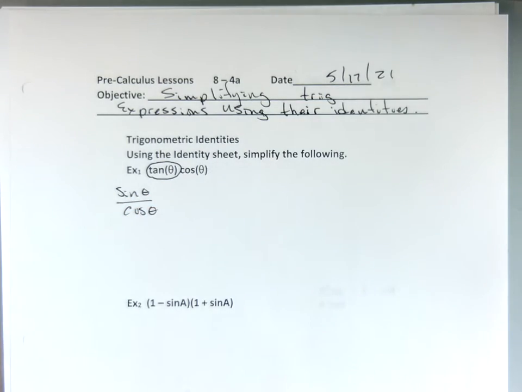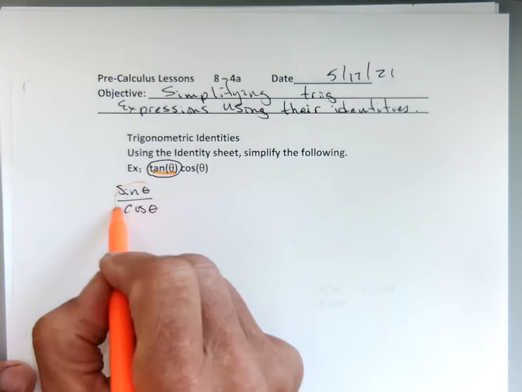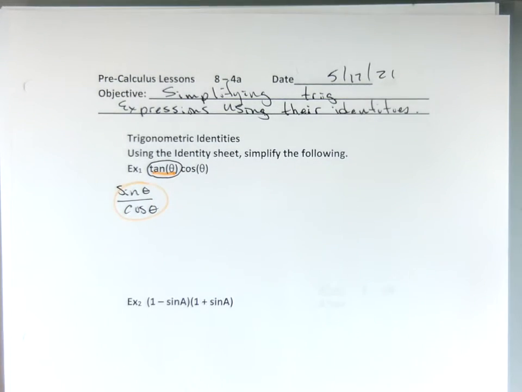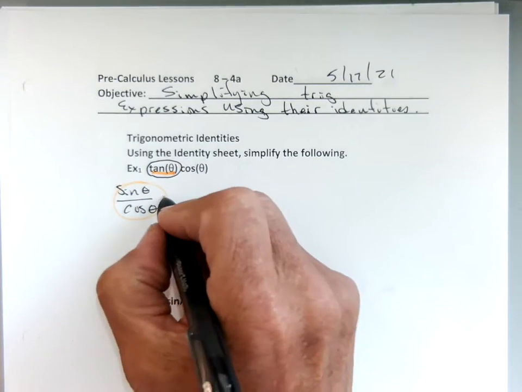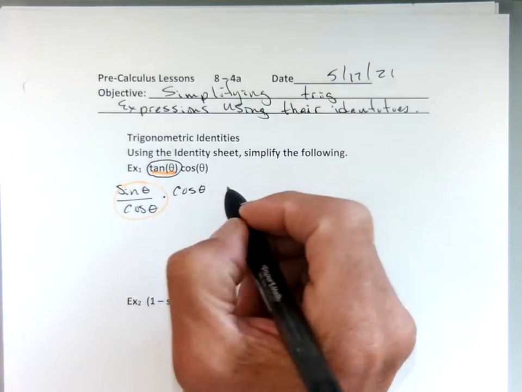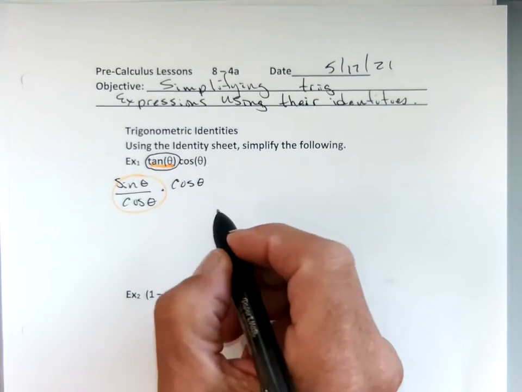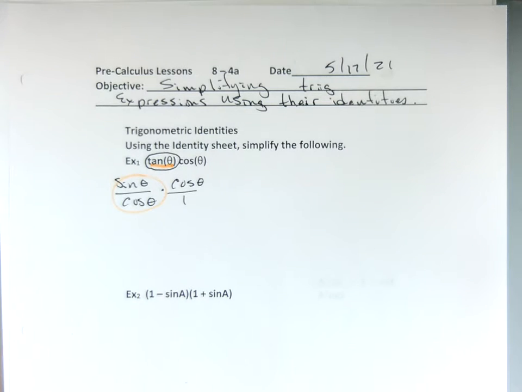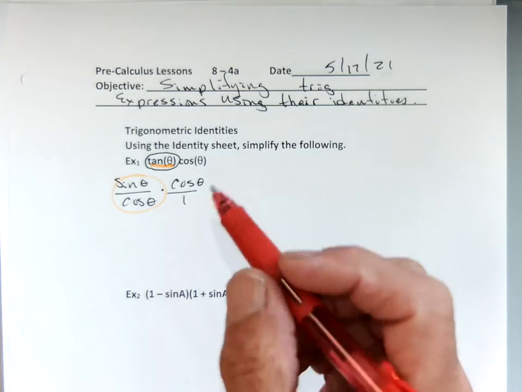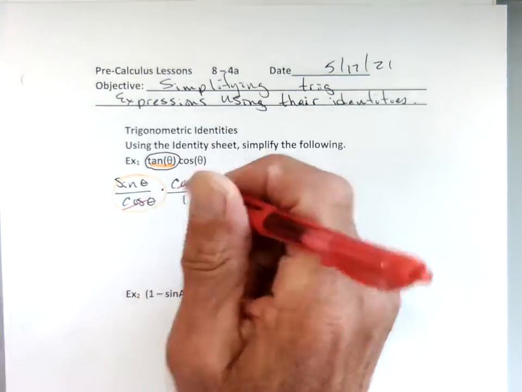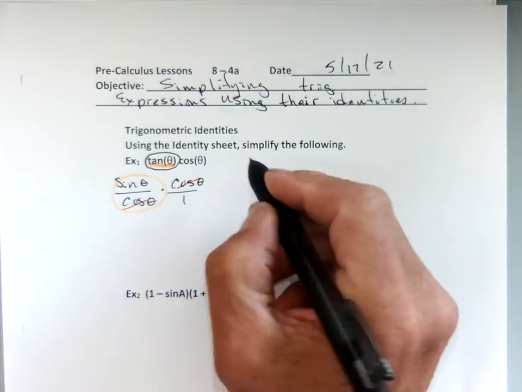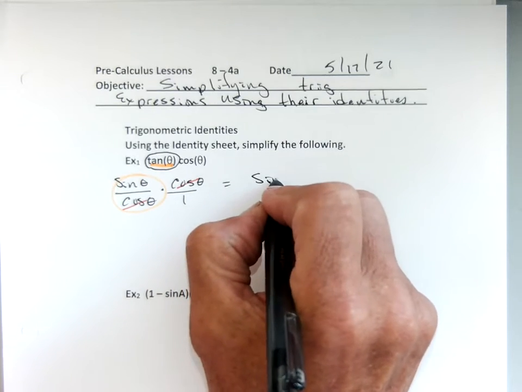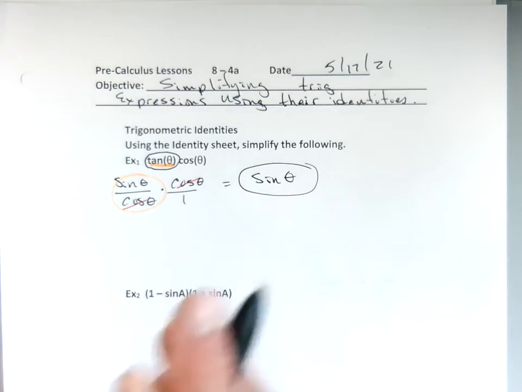So I'm just going to rewrite tangent as that, and then times cosine of theta. Well, cosine of theta over 1, right? Same thing. And then hopefully you can see that I can simplify by canceling the cosines, and then I'm left with just sine of theta.